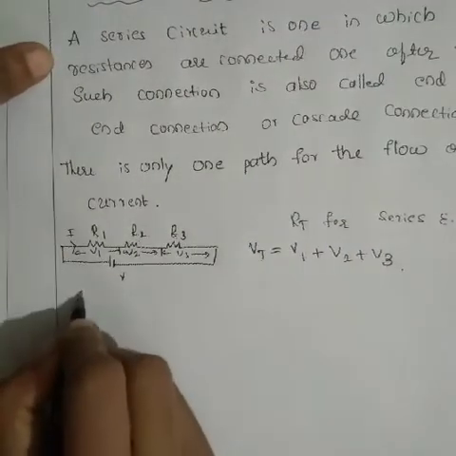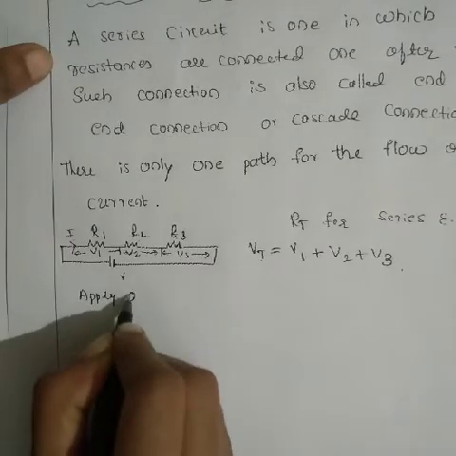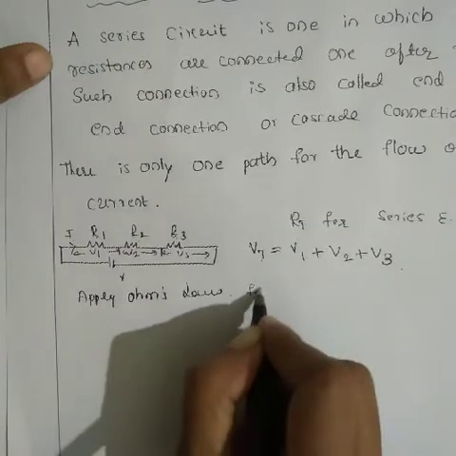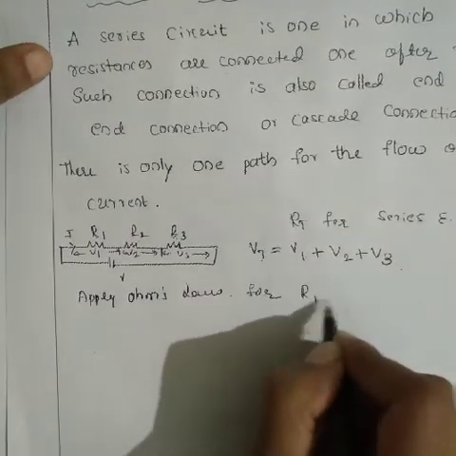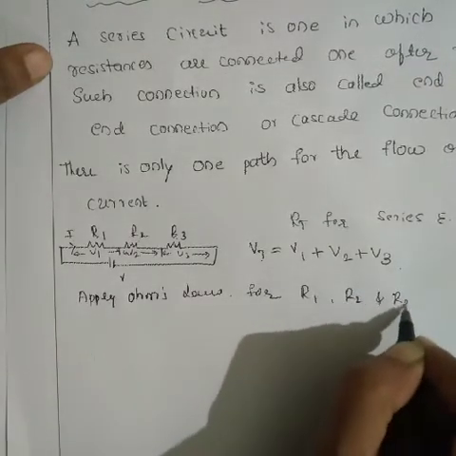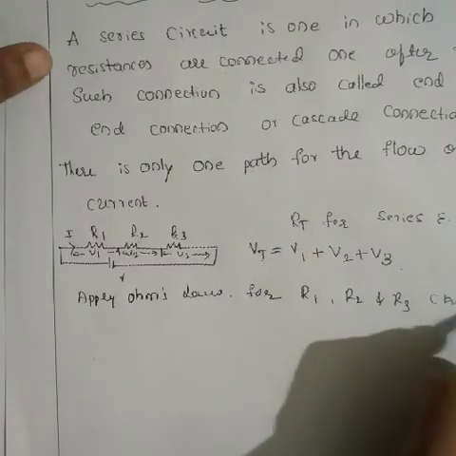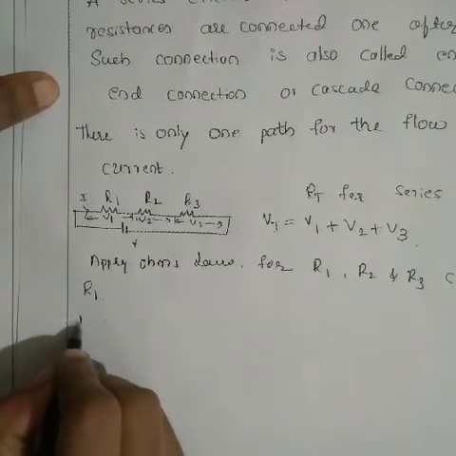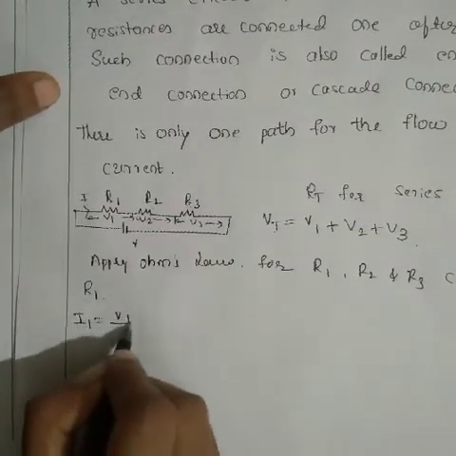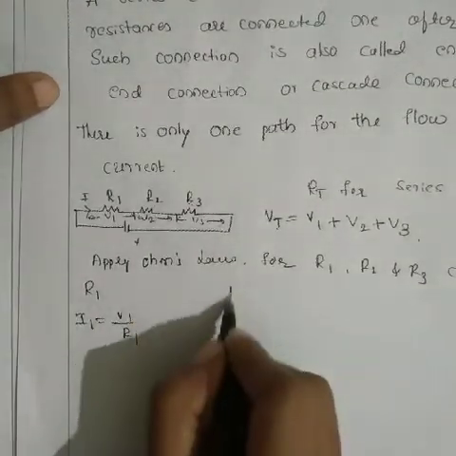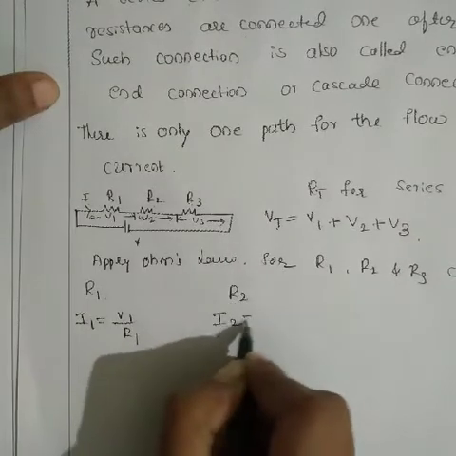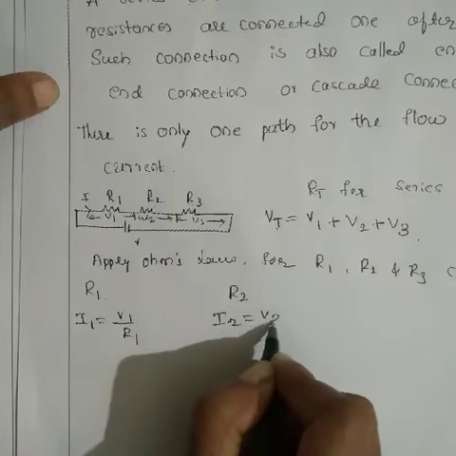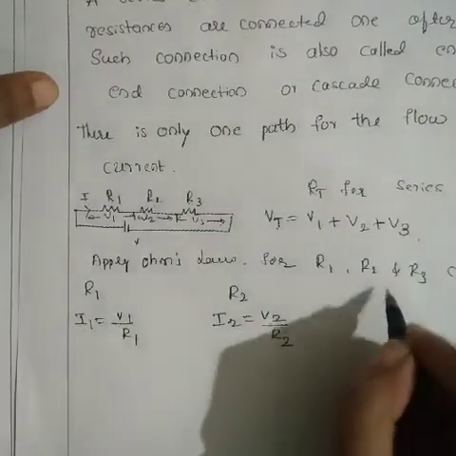Apply Ohm's law for the R1, R2, then R3 circuits. First we apply it to the R1 circuit: I1 is equal to V1 by R1. For the R2 circuit, I2 is equal to V2 by R2.